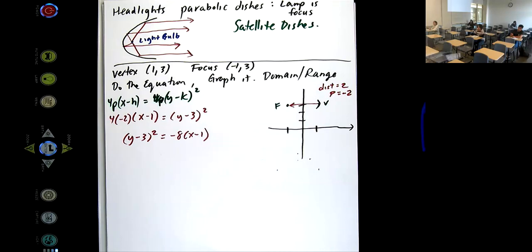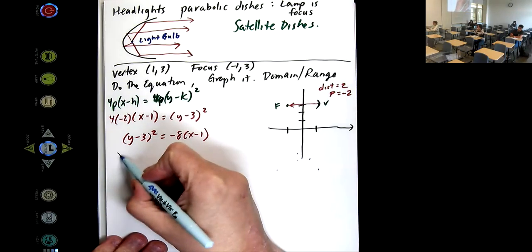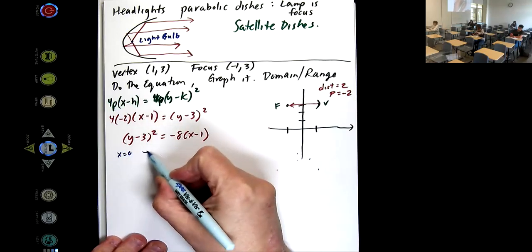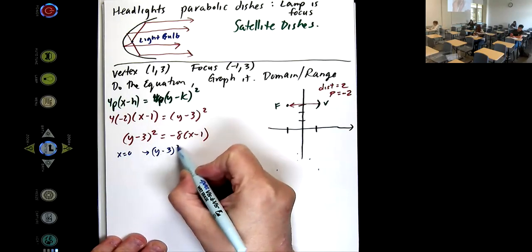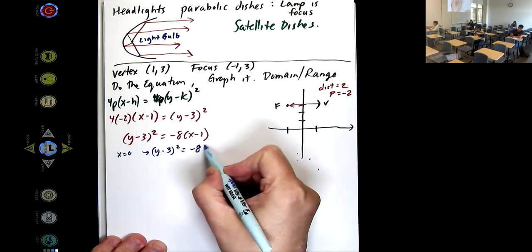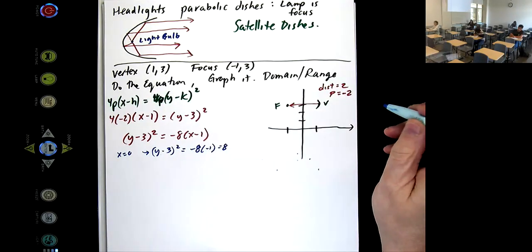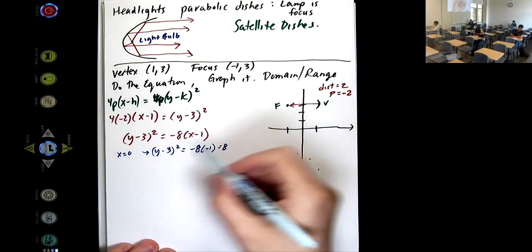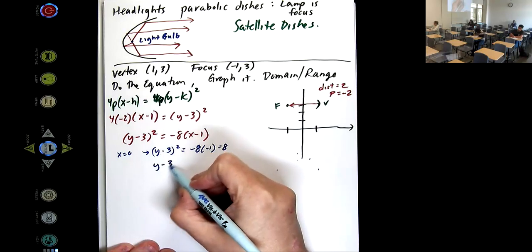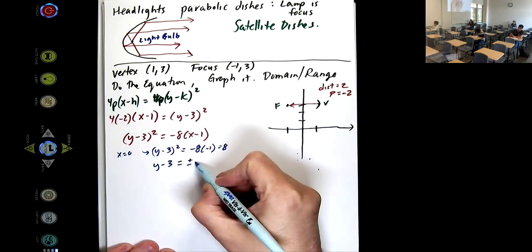All right, graphing it. When x equals 0, we get (y minus 3) squared equals -8 times -1, which is +8. If I take the square root, I get y minus 3 equals plus or minus the square root of 8.